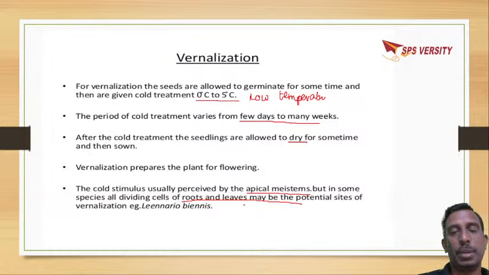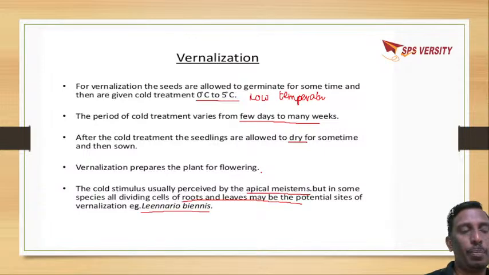Roots or leaves may be the potential sites of vernalization. Like in biennials, where the roots or leaves may be the receptors of this cold stimulus. Generally, it is received by apical meristems, which are present in the apex of root, stem, branches.